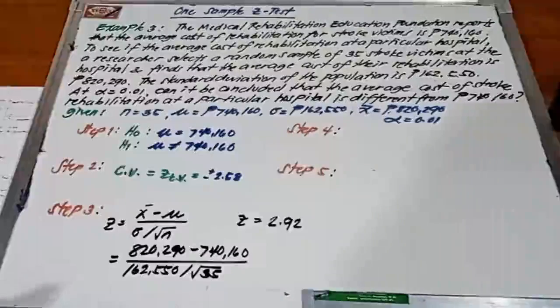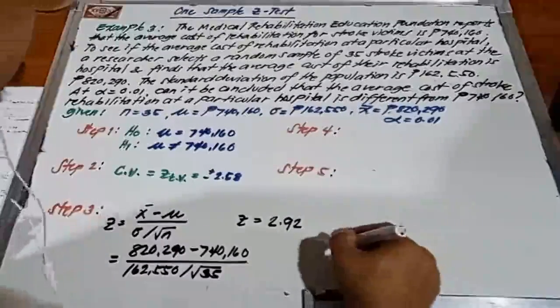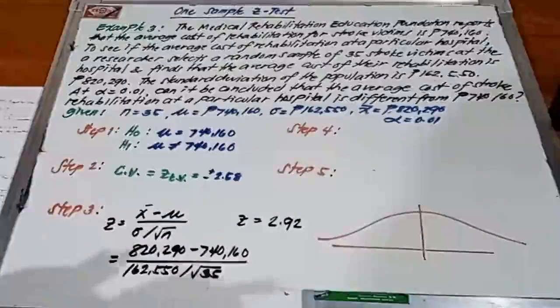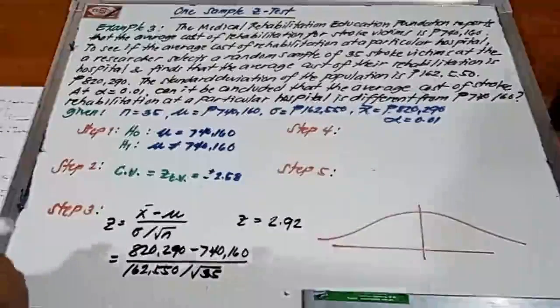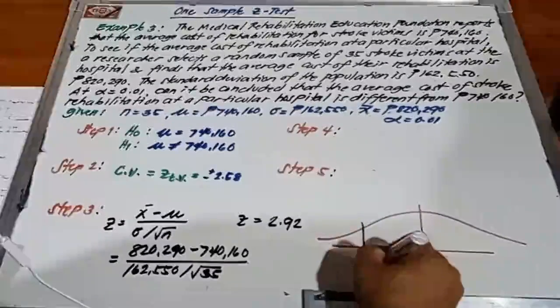Okay, compare ngayon natin yung ating computed z value dun sa ating critical value or z tabular value. Okay, that is our step number 4. Muna tayo sa step 3. Ang ating critical value, since ito'y two-tailed na, andito yung negative 2.58.